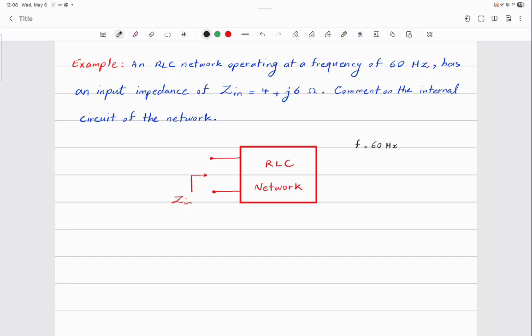Immediately after you get the value of F, what should you calculate? Omega, 2 pi F, which is 120 pi. What's the unit of omega? Radian per second.